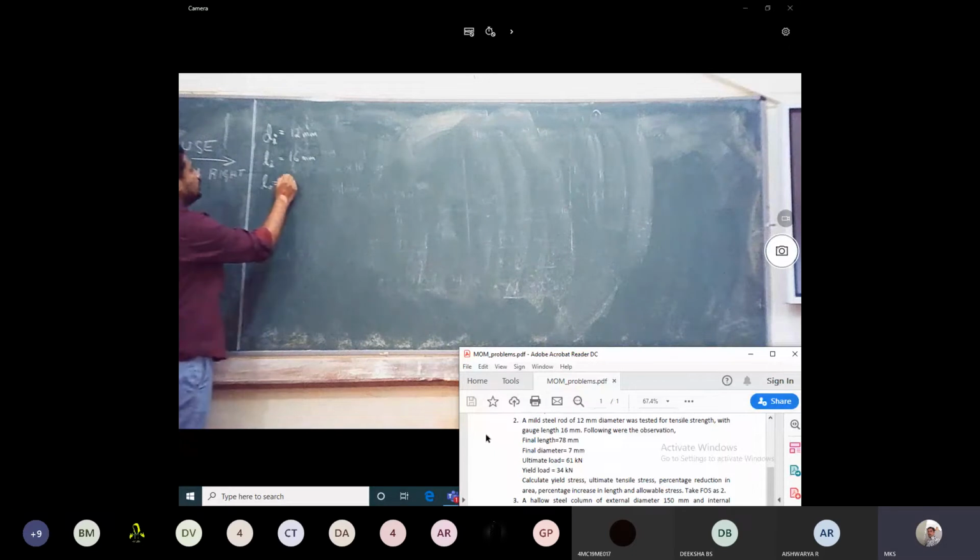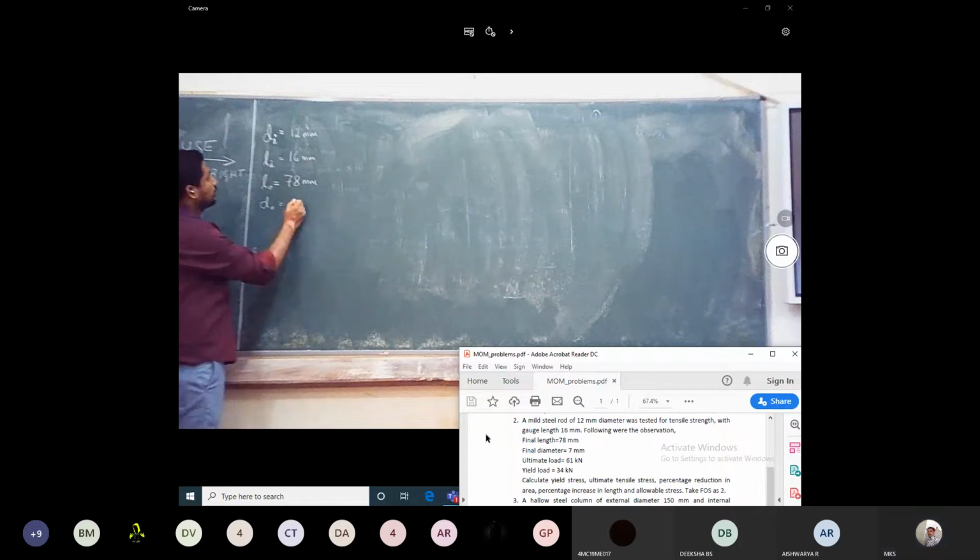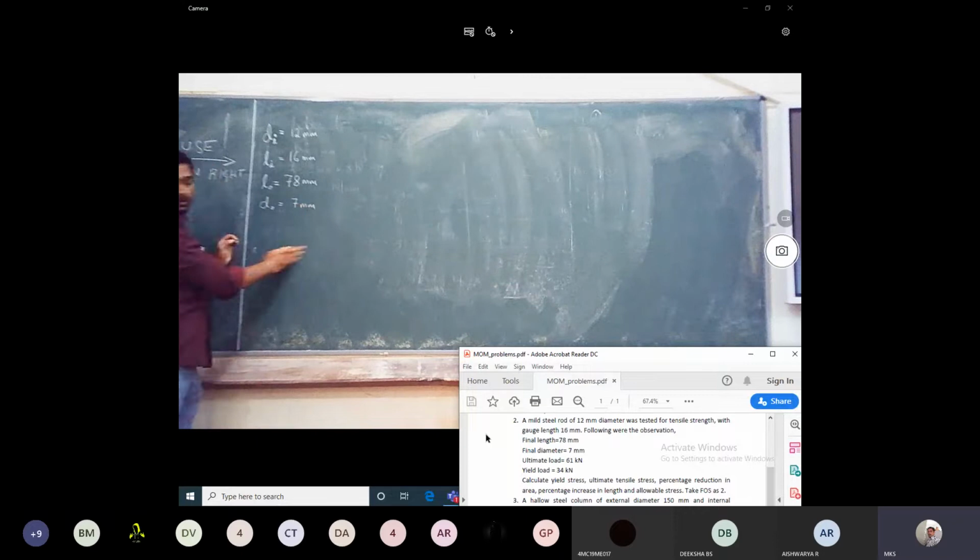Then final diameter D0, we'll consider it as the final diameter after testing. It is 7 mm.